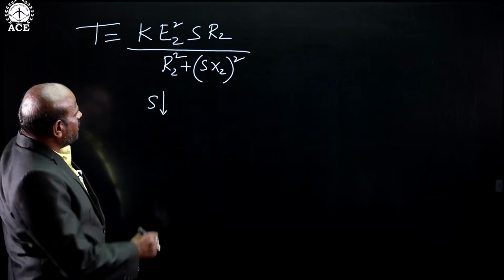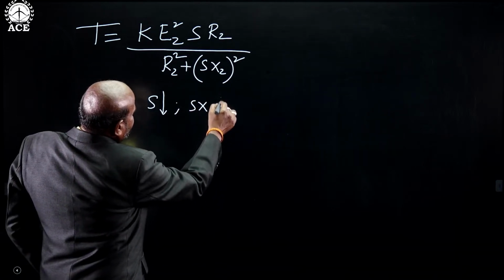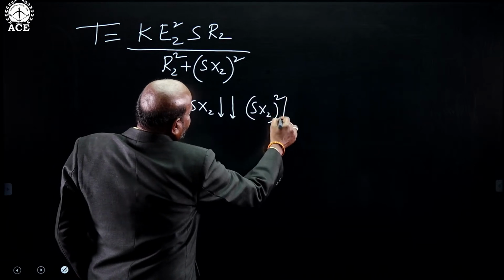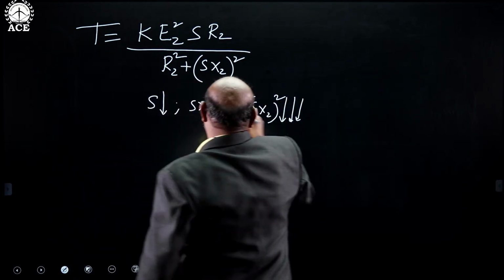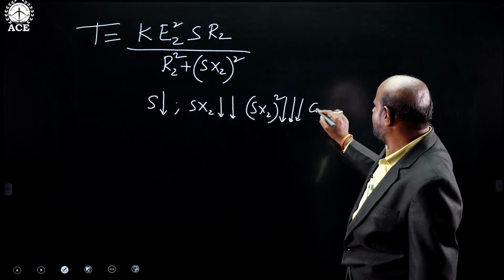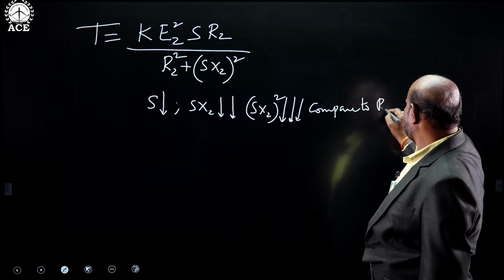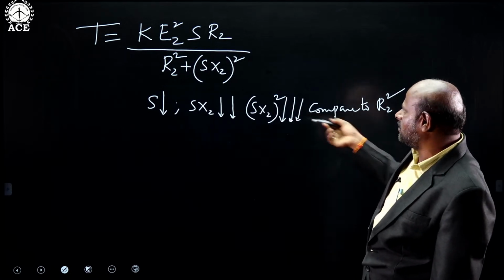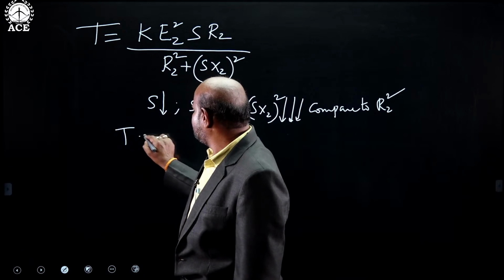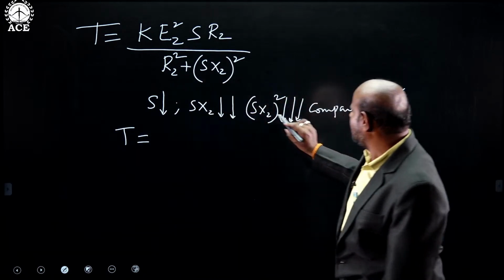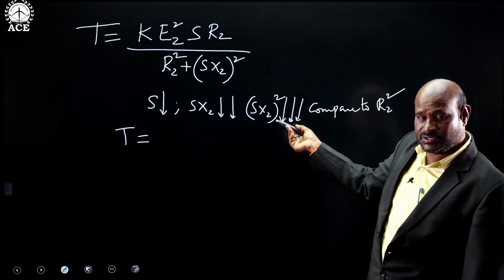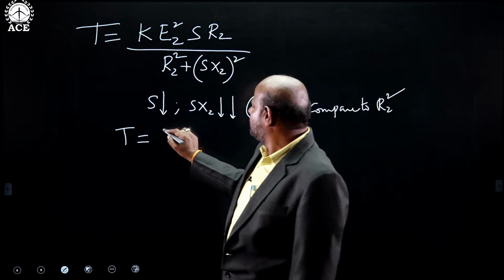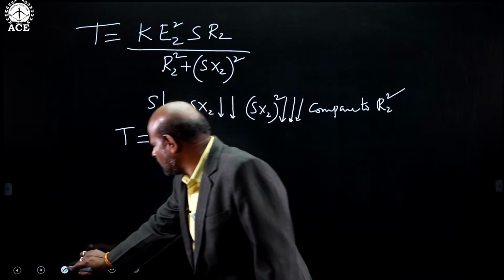Then S X2 is small, and (S X2) whole square is very, very small compared to R2 square, so we can neglect this term.